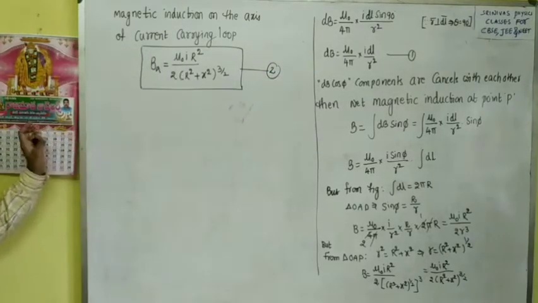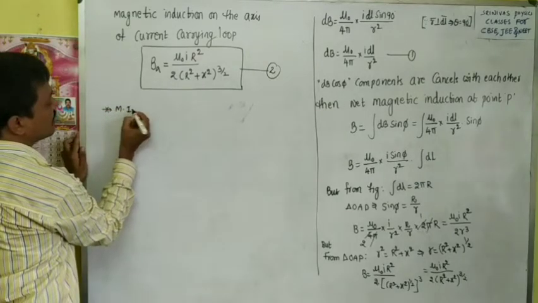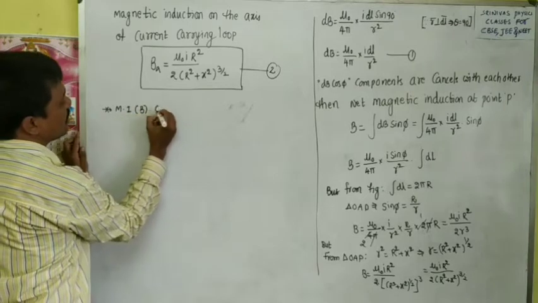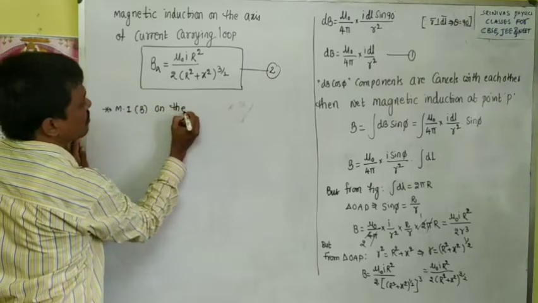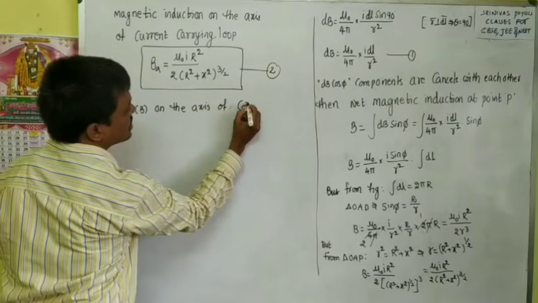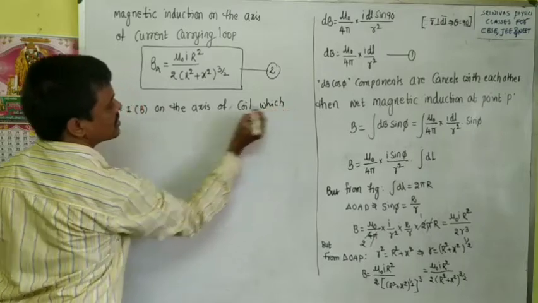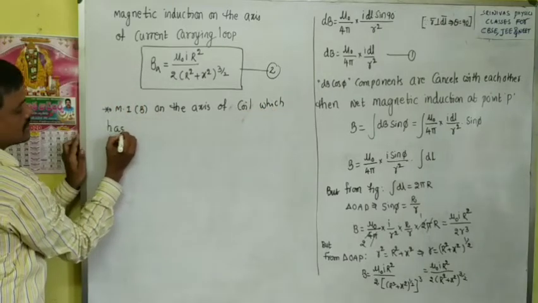But if you take the coil, okay, magnetic induction B on the axis of coil which has capital N turns, right?